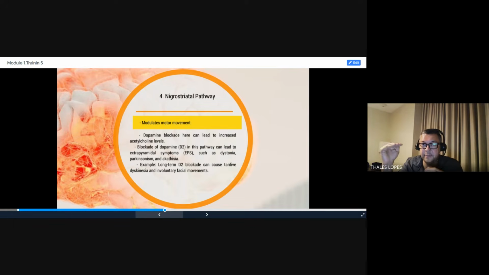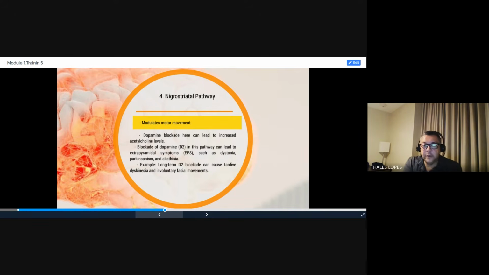Because you block 60%, you have more dopamine available, and because you have more dopamine available, you have less acetylcholine. So this is a simplified answer. We could go into excruciating detail, but it would not be helpful. It would be super boring as well.